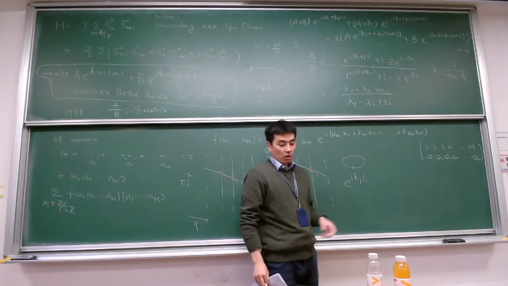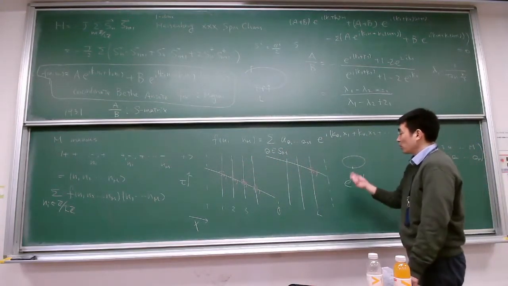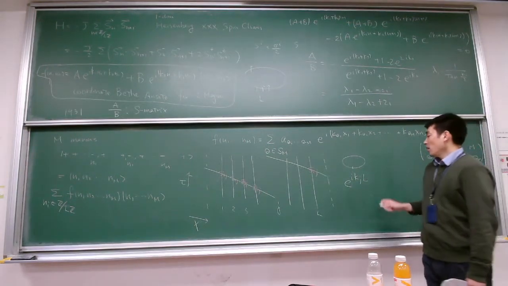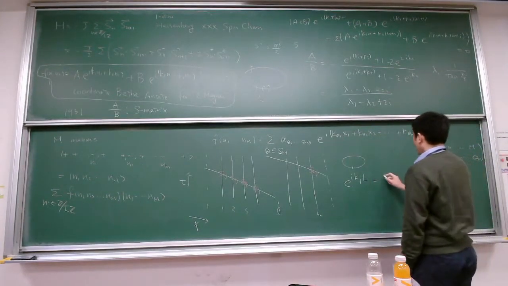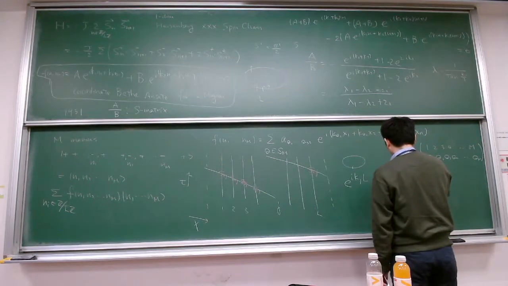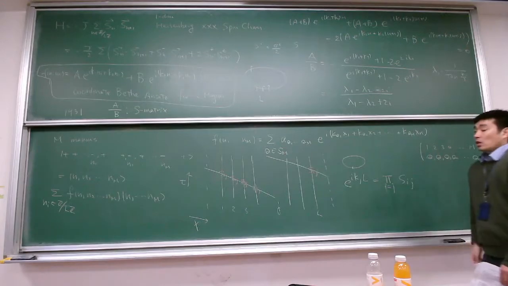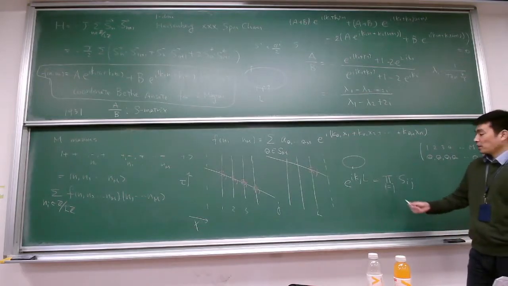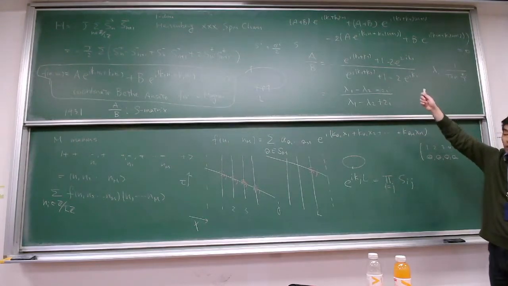This is the phase you should get, because it is just a translation by momentum k_j over length L. And this amplitude is given by the product over i not equal to j of S_ij. So that is what you would expect: the amplitude should be the product of these scattering amplitudes.